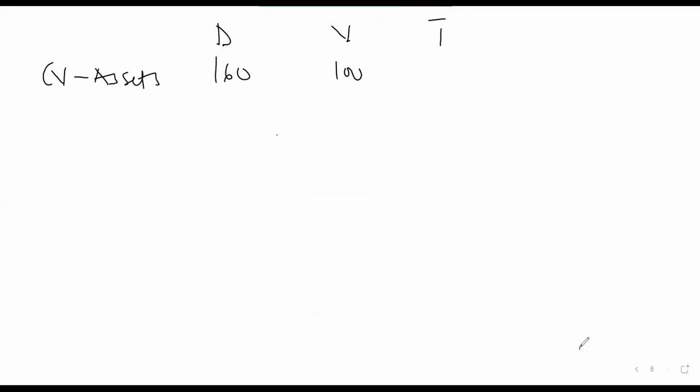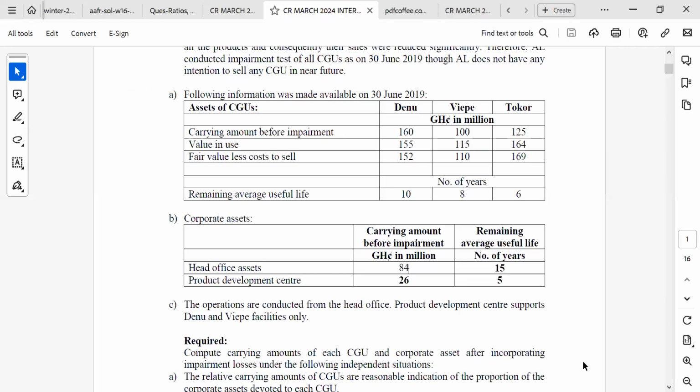Okay, you can use their carrying value to share that part, to share the 84 and 26. But if you are doing that, you are being a kind of unfair to some people.